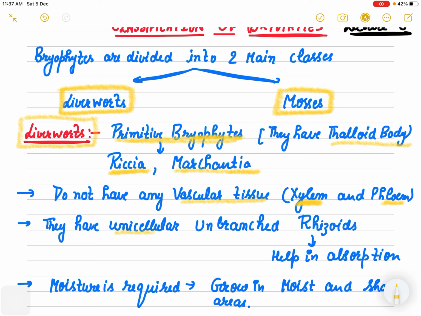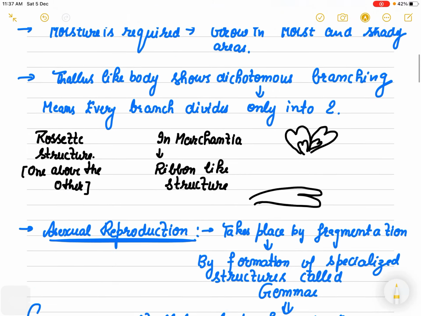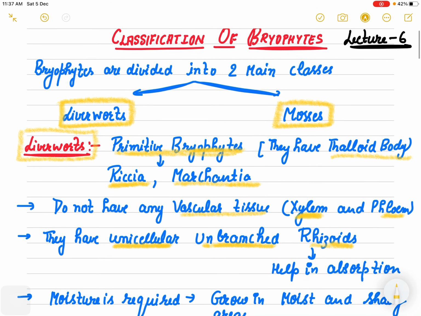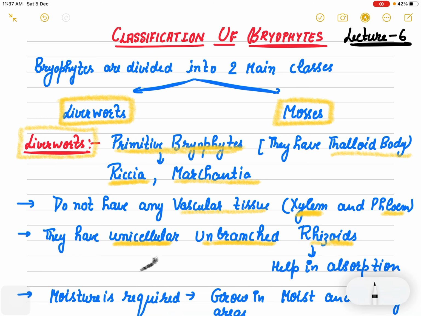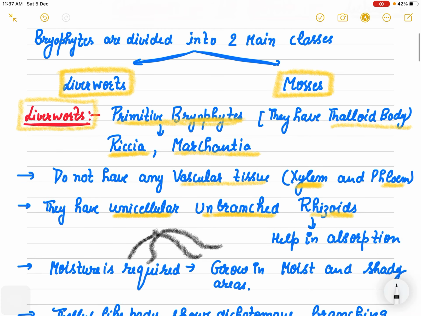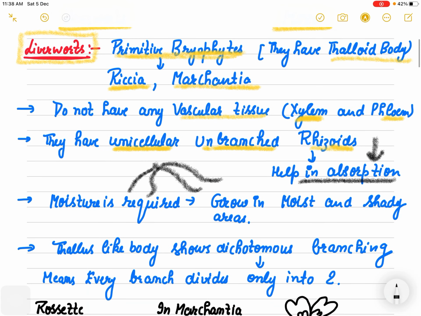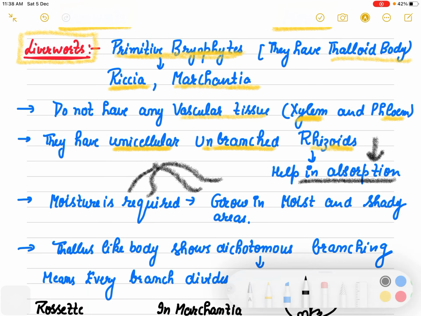They have unicellular, unbranched rhizoids, which we drew in yesterday's diagram also, through which they are attached to the substratum, and these unbranched rhizoids help them in absorption. Although the root's work is also absorption and the function is the same, they are root-like, they are not roots, they are known as rhizoids.